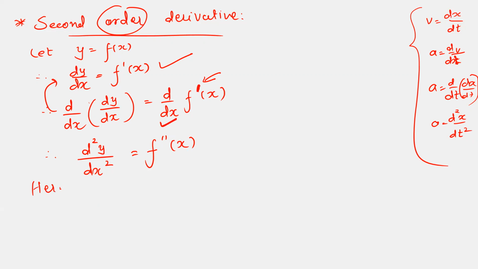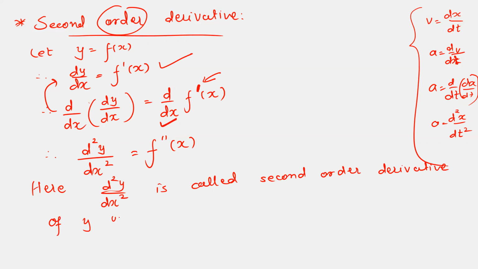Here you can see this d2y by dx2 is called the second order derivative of y with respect to x, because d2y by dx2 says that we are doing derivation twice, two times.